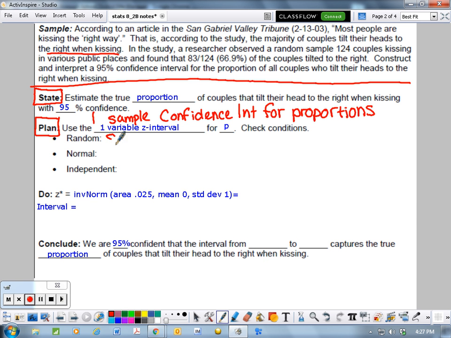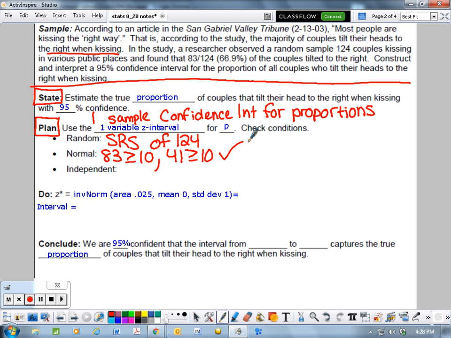And then we check our conditions. Random: we had an SRS, a random sample of 124 people. So again, this is our N. Normal: we had 83 who tilt their head to the right way. That's greater than or equal to 10. And then how many did not? So 124 minus 83, 41, and 41 is greater than or equal to 10.